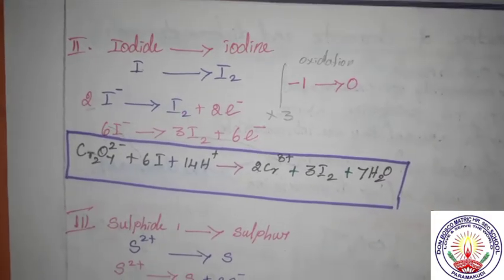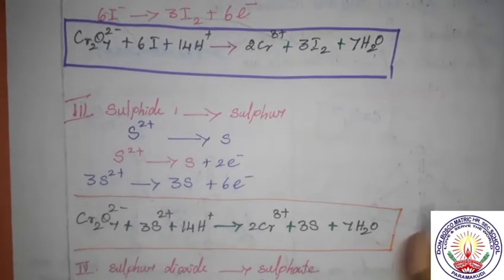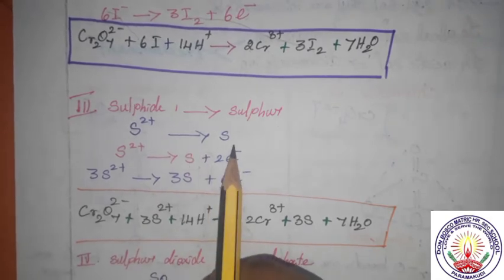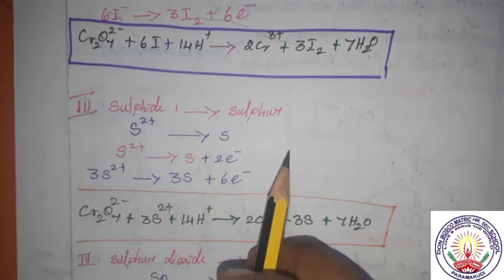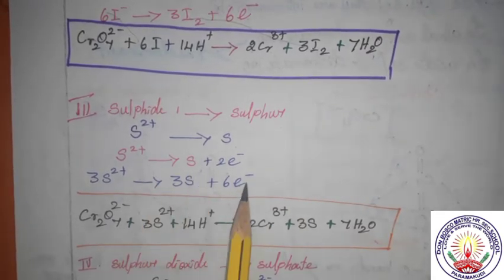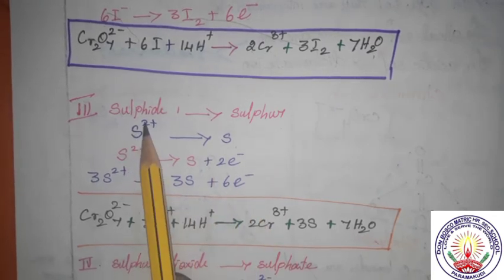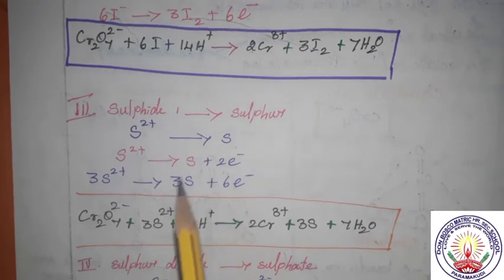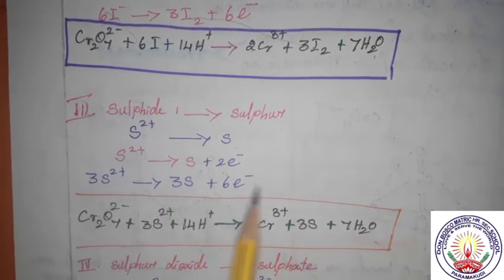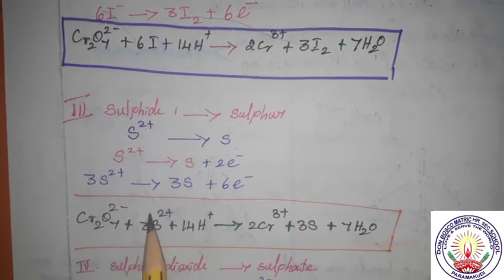The third one is sulfide to sulfur. That is, sulfide S2- is changed into sulfur. Here 2 is there, so 2 electrons. Now we need to get 6, so in the same way we need to multiply with 3.